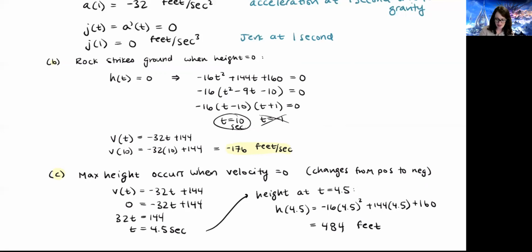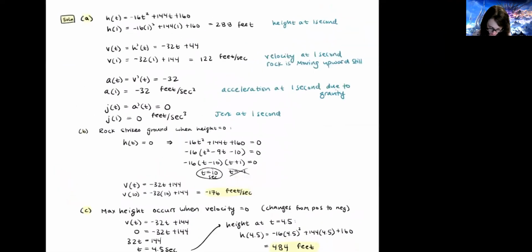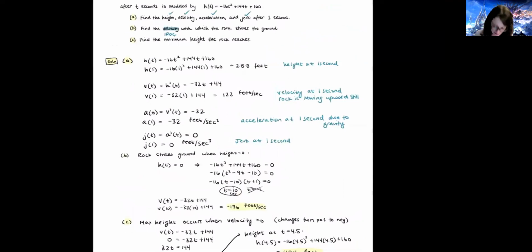Let's just check if this is reasonable. Our tower, we said, was 160 feet high. We know that at 1 second it's 288 feet, but it's still going up because of its positive velocity.